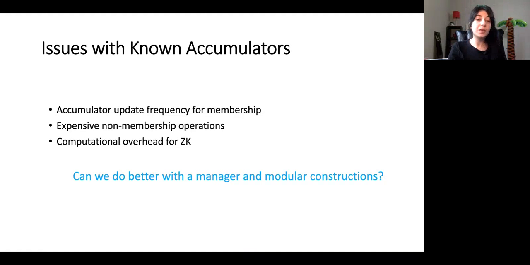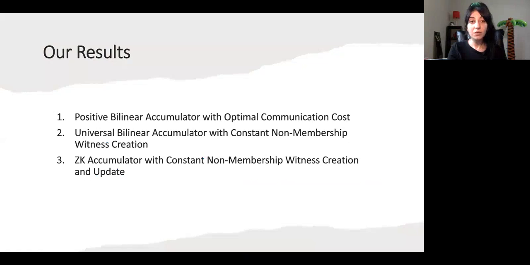And the question would be, can we do better with a manager and by using modular constructions? We answer this question with the following three constructions. One is a positive accumulator with optimal communication cost. Then we have a universal accumulator with cheap non-membership. And then we also have a zero-knowledge accumulator with cheap non-membership and witness updates.